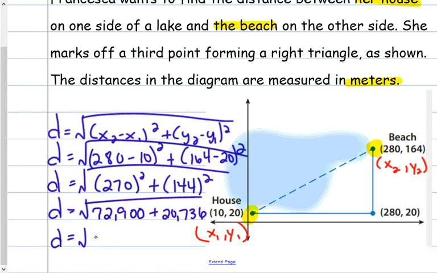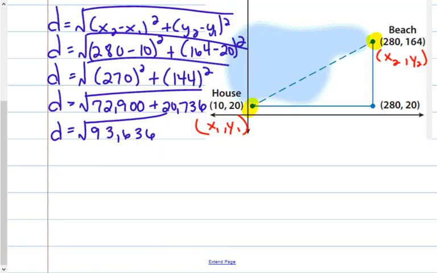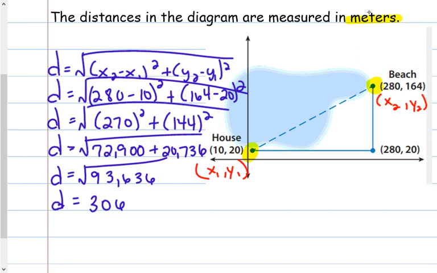And we get the square root of 93,636. And your last step there is just to go ahead and take the square root, and that's going to give you 306. It said that this was measured in meters, so our final answer there is 306 meters.